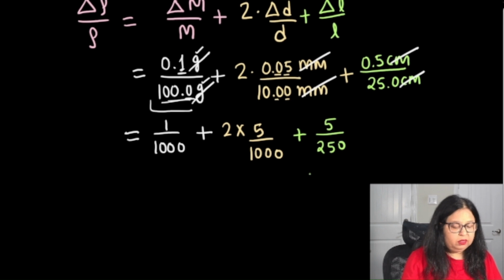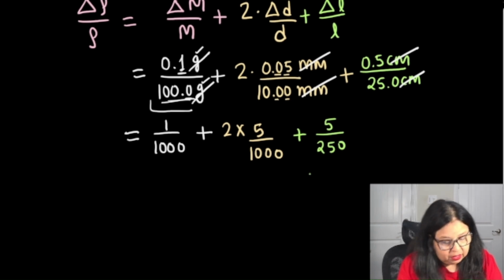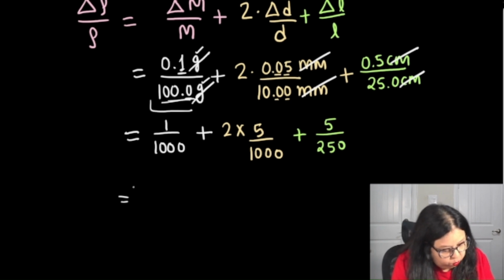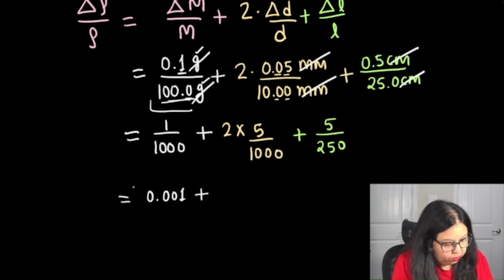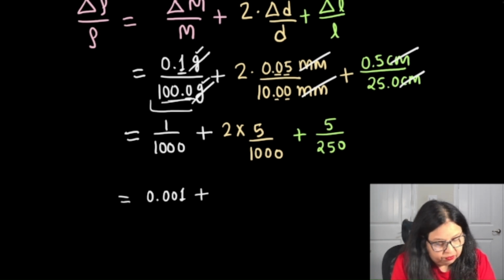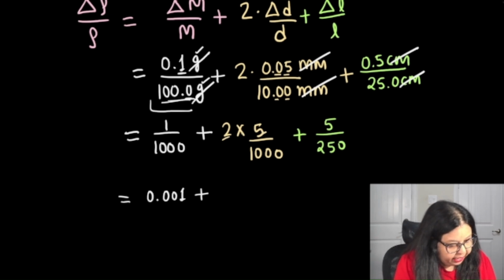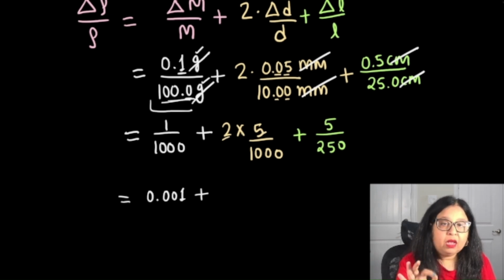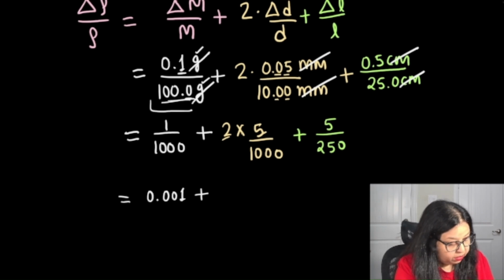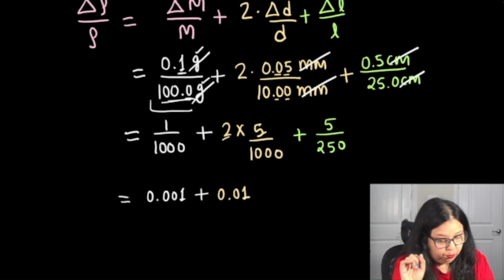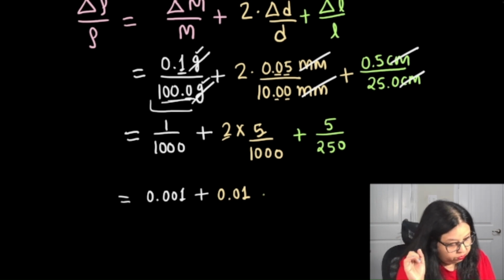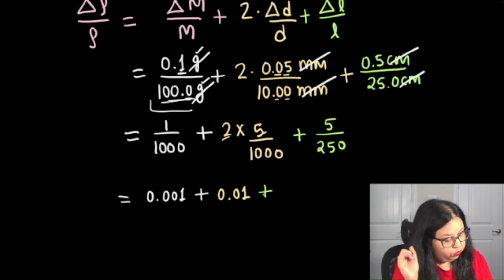After this, this is simple arithmetic that I'm sure you can all do. So the first one, 1 divided by 1,000 is 0.001 plus 2 times 5 is 10, and 10 divided by 1,000 is 1 over 100. 1 over 100 is 0.01 plus last term 5 over 250.